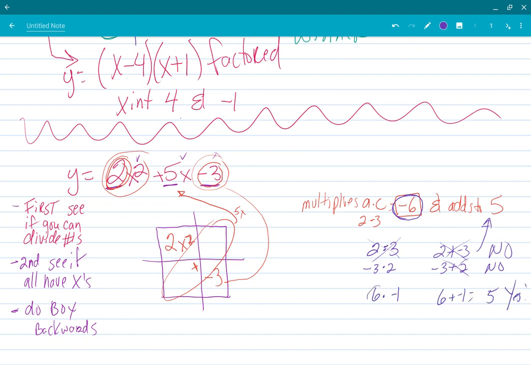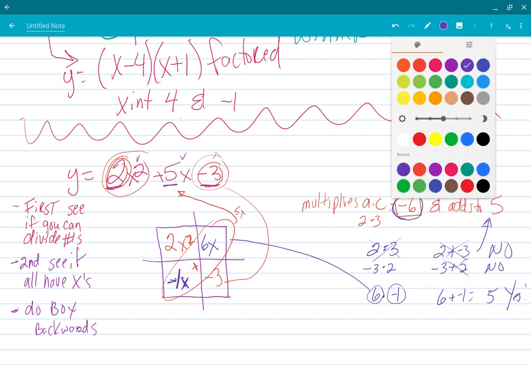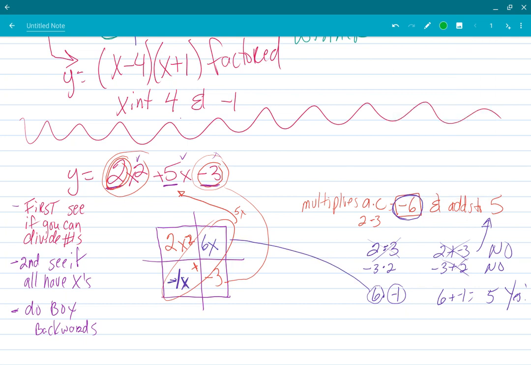So that means this number and this number go inside the box. And don't forget they have an x too, right? So now that we filled out all of the inside of the box, now we can fill out the outside of the box. I'm going to pick a new color, something different, green. In order to get 2x squared, one of them has to be 2x and one of them has to be x.